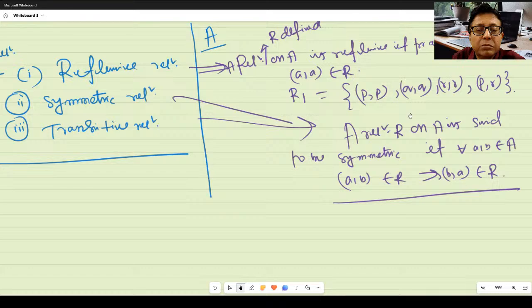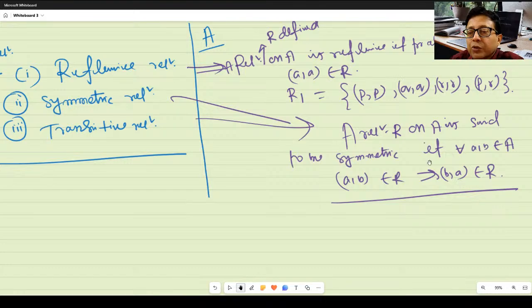So, let us define one symmetric relation on the set. This relation is said to be symmetric if for all A, B belongs to A, (A, B) belongs to R implies (B, A) belongs to R. Let me clarify this on the same set.